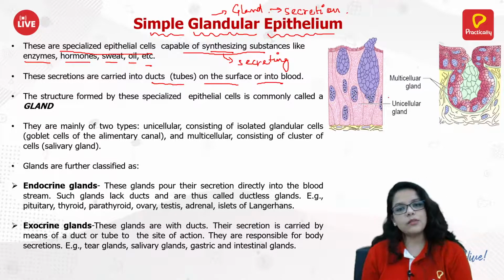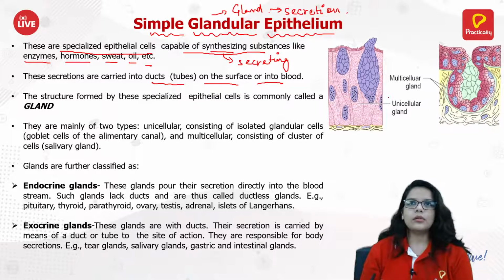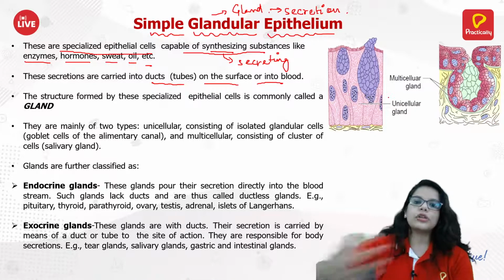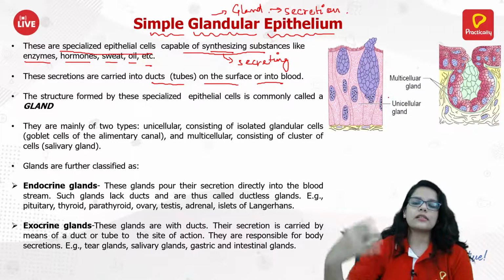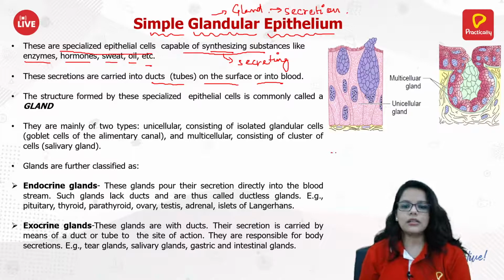So glands might secrete through a duct, that is, indirectly, or they might be ductless, where they just put the secretion out into the blood directly.